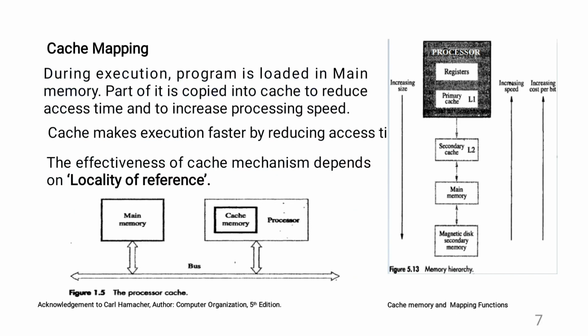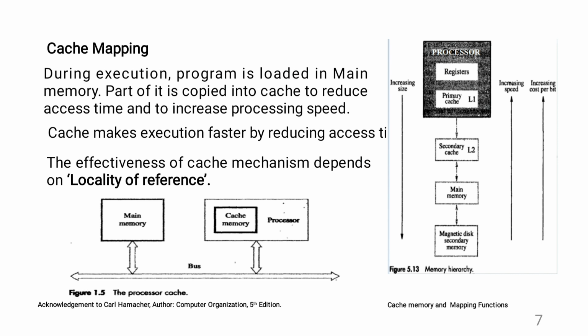So when we study cache, we must know cache mapping, right? Here in the figure, two figures are there. One we already discussed just now, the memory hierarchy, and one more shows the connection between processor and main memory, and it is showing the L1 level of cache. So anyway, cache makes execution faster.